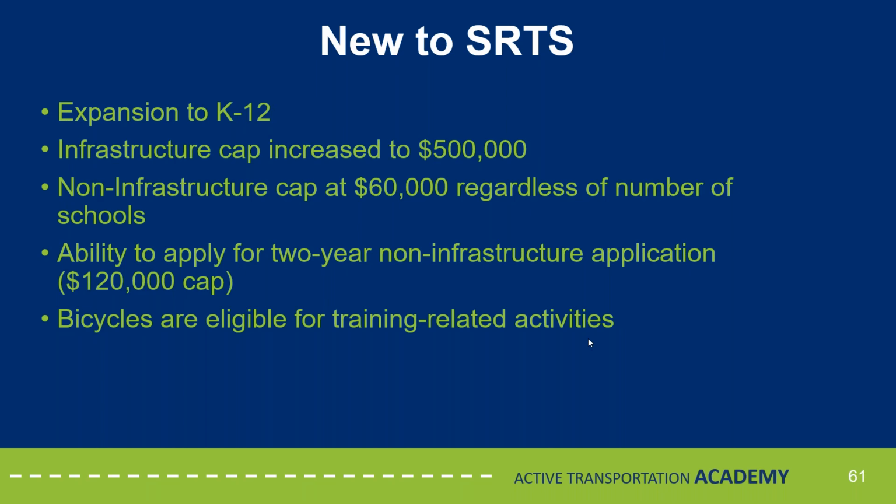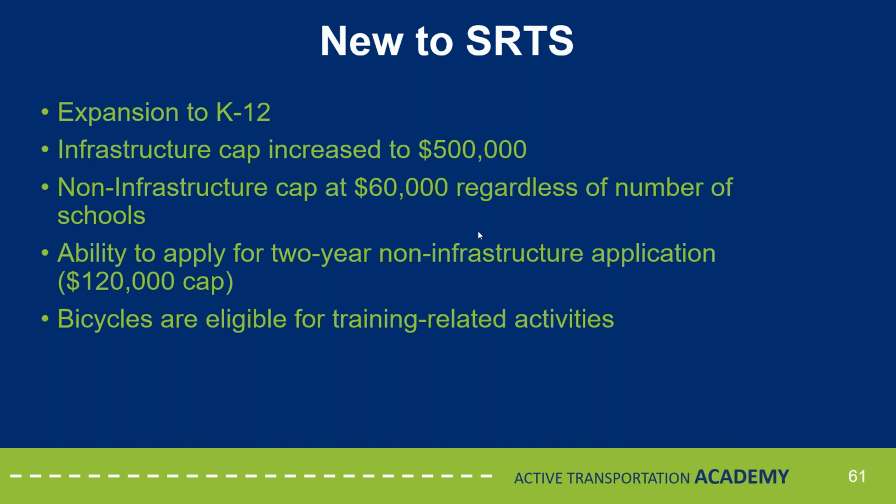And then finally, just a few things that are new to the ODOT Safe Routes to School program. As I mentioned, we have officially expanded the program to serve students K through 12. Most notably, this impacts the ability for infrastructure projects to be located within 2 miles of schools that are potentially just serving kids that are 9 through 12, whereas that wasn't eligible previously.